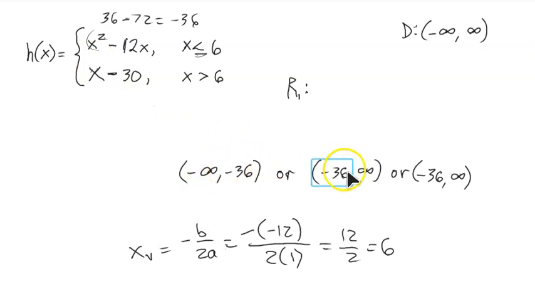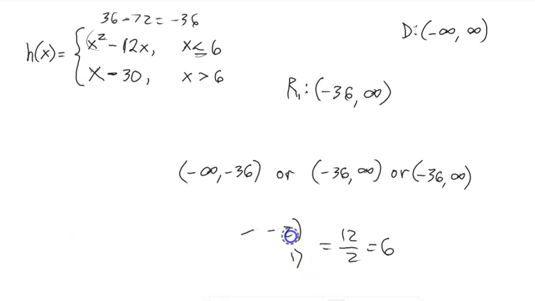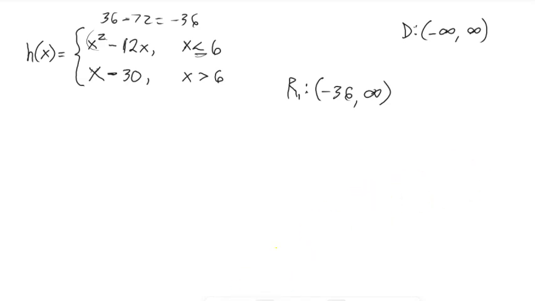And since we know that this is the range of this quadratic, it has to be negative 36 up to infinity. And therefore, the range for this first piece is negative 36 up to infinity, okay? All we're doing there is applying what we learned about the range of a quadratic from a previous lesson, okay? All right, now we need the range of the second piece here.